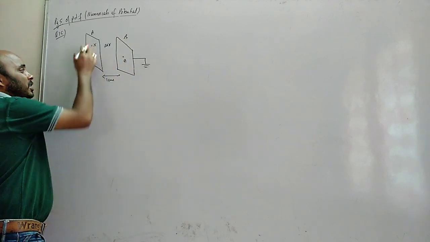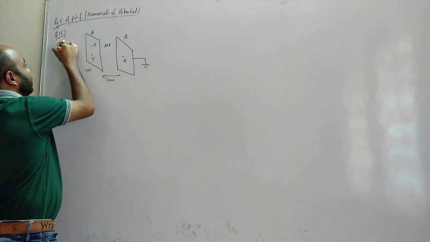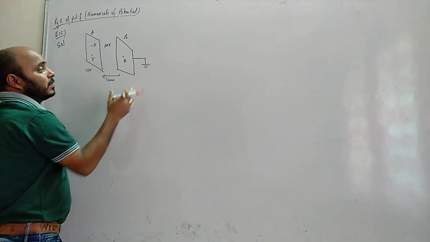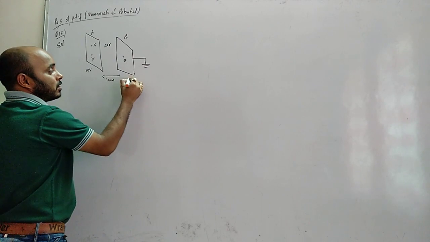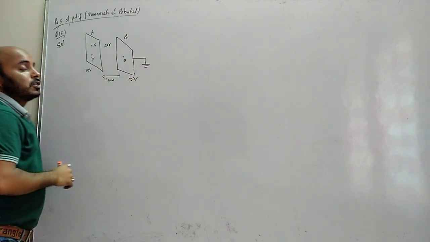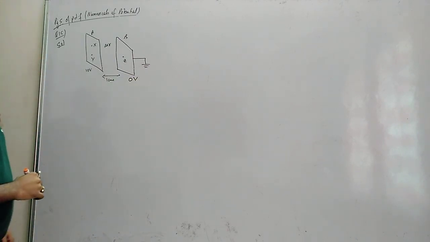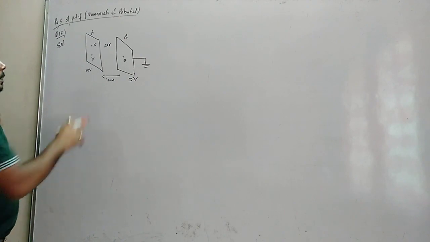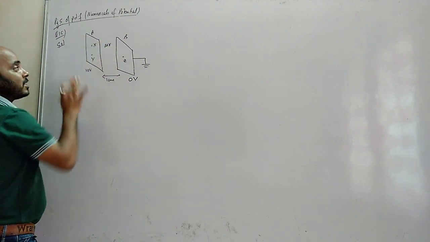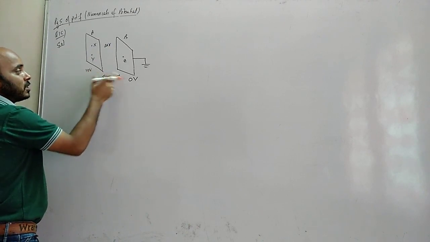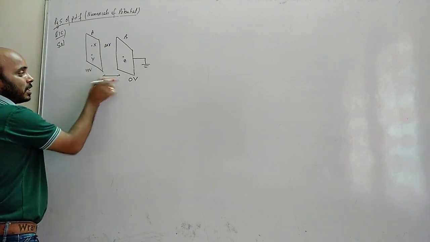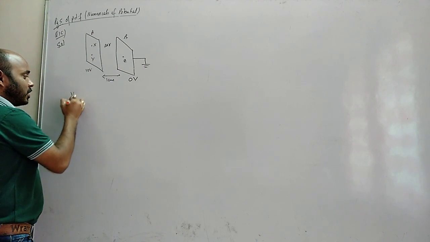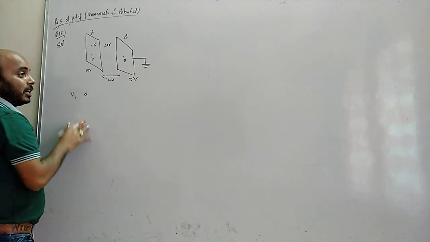It says earth. In the first video I told you it is 0 volt. In the first chapter, whenever anything is connected with earth, it is 0 volt. That means we know the potentials of both plates, so we know the potential difference across the plates. We know the separation.